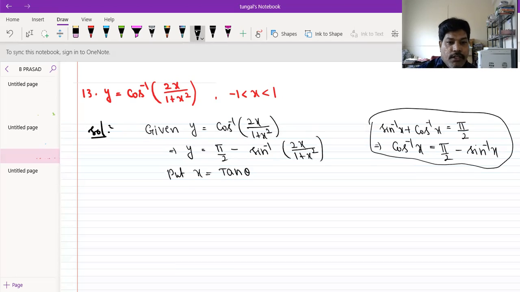Then what happens? Put x is equal to tan theta. So if you substitute this value, then y is equal to pi by 2 minus sine inverse of 2 tan theta by 1 plus tan square theta.